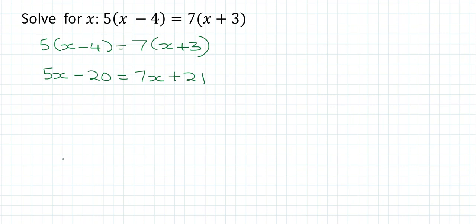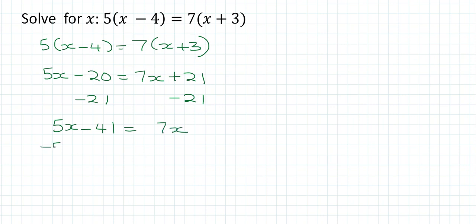And now we want to isolate. I'm going to isolate the variable on the right-hand side and move the constant to the left-hand side. So we will be subtracting 21 from both sides, minus 21. So 5x minus 41 equal to 7x.